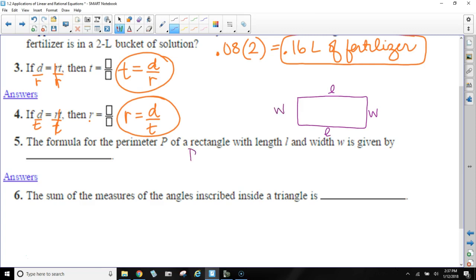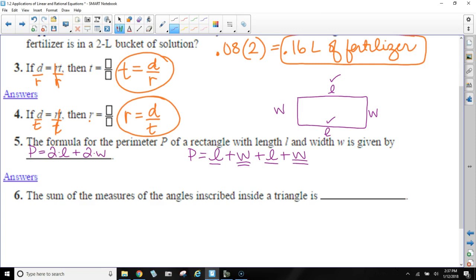And so perimeter is length plus width plus length plus width, the distance around the figure. Now when you combine the fact that we have 2 of those lengths in our problem, as well as 2 of the widths, the most concise formula for the perimeter of a rectangle is 2 times the length plus 2 times the width.